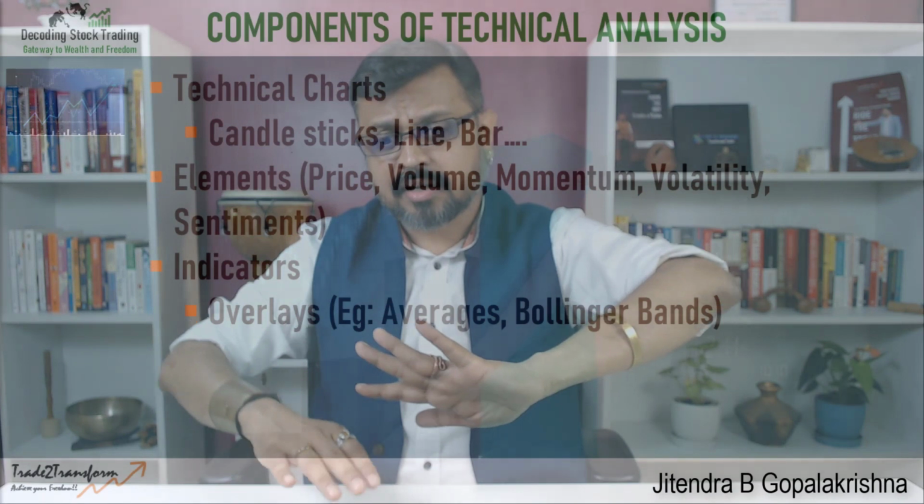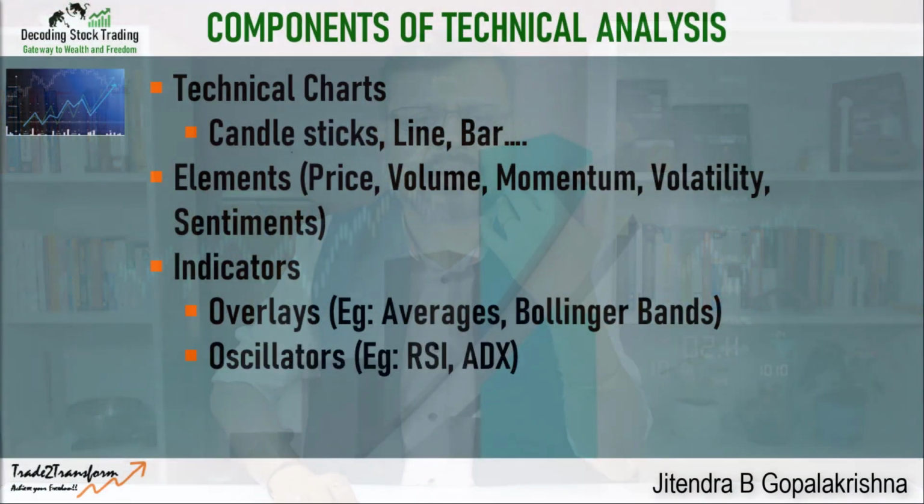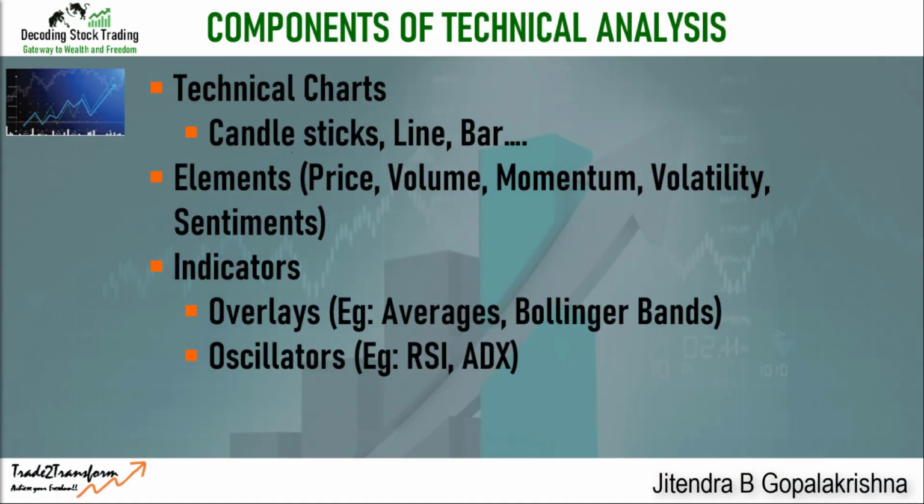They can also be termed slightly delayed indicators, which means they come into play after the event has occurred. These are not depicted on top of the chart, but below it. So charts are here, and there are overlay indicators and oscillator indicators, for example RSI, ADX, and so on.